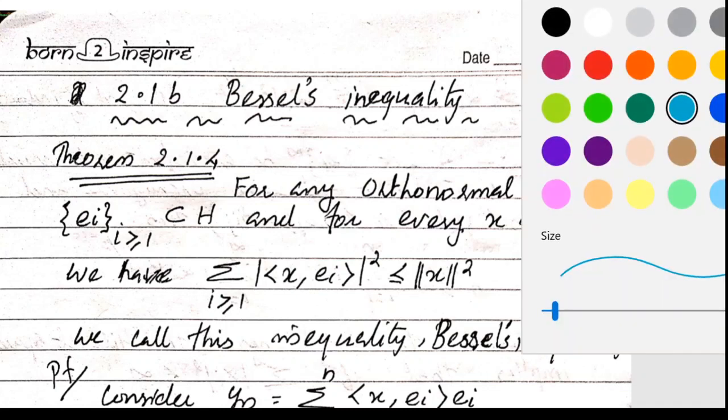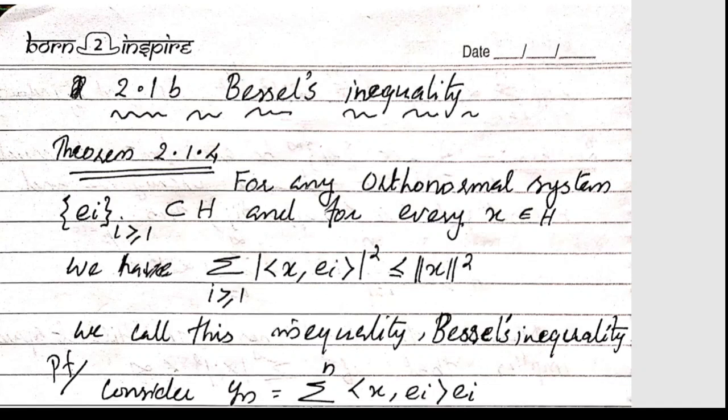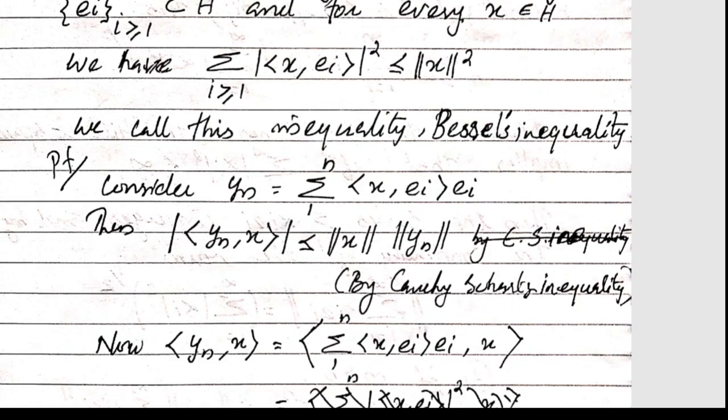Let us see how we can prove this. So consider y_n equal to the sum from i equal to 1 to n. We are taking the finite case here, and we will approximate as n tends to infinity to the infinite case.